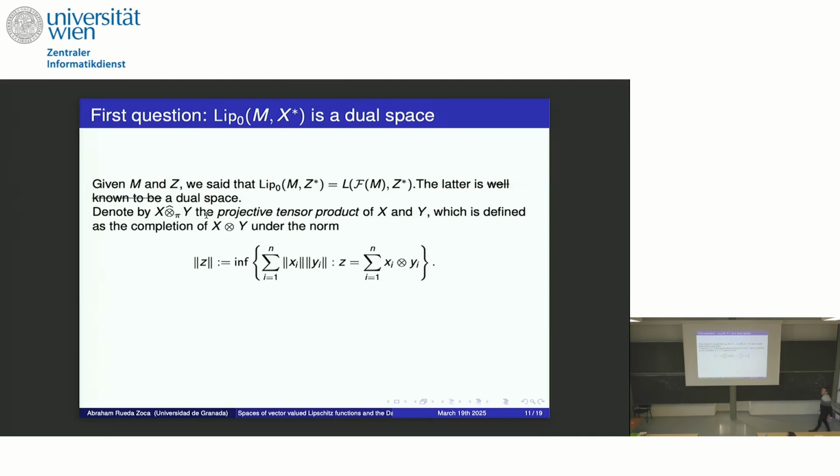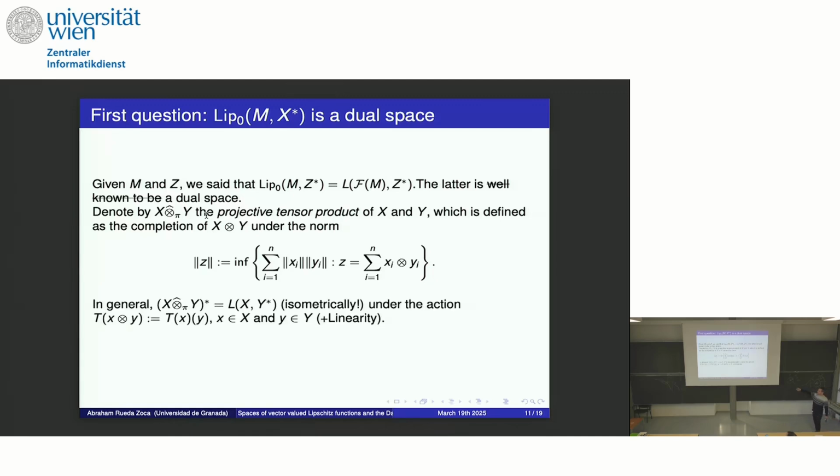In order to present a predual, you have the projective tensor product, which is the completion of the algebraic tensor X tensor Y under the norm exposed here. This is the infimum of the sum of norm of xi, norm of yi, where the infimum runs over all the possible ways of writing z as a combination of basic tensors.